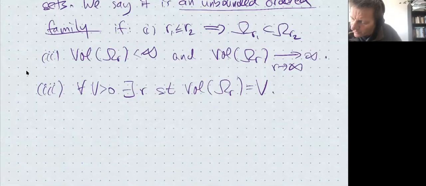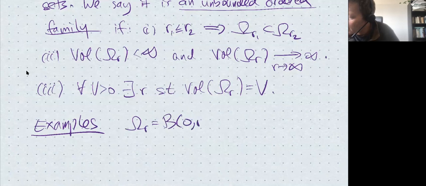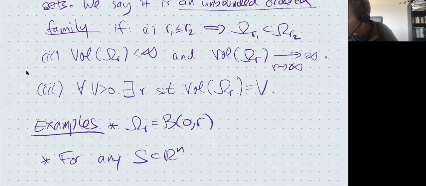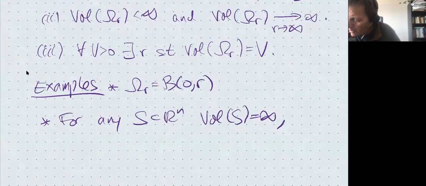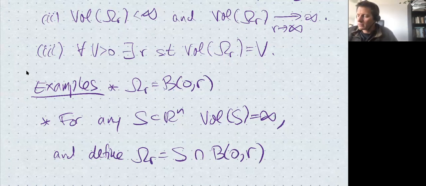So examples here could be a ball of radius R. You could take a set S in R^n of infinite measure and define omega R to be the intersection of S with the ball of radius R. I'll just draw a picture.